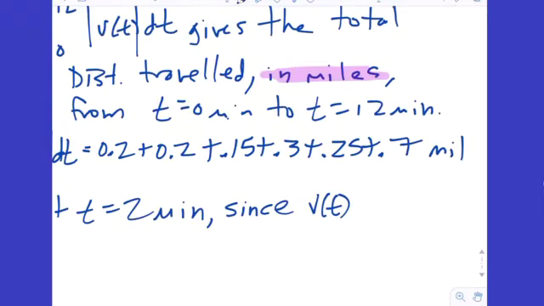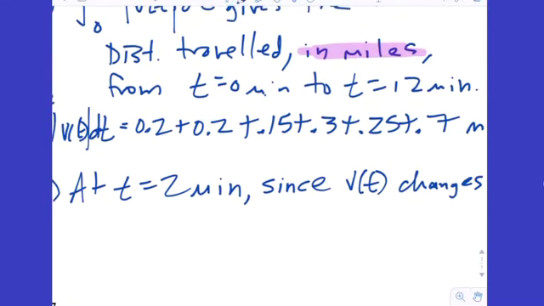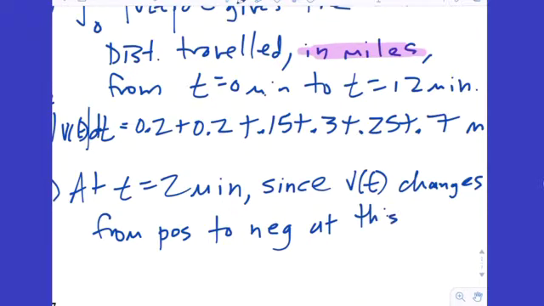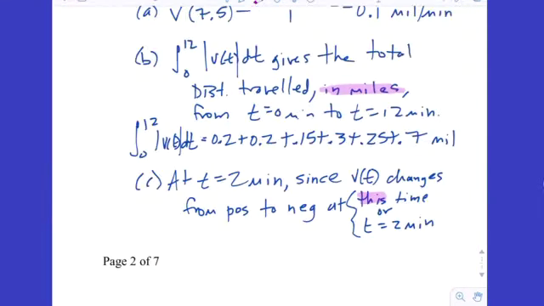Since the function v of t changes from what to what? Positive to negative, not at t equals 5, but what? At, you can either say at this time, you're referring back to it, or you could just say at t equals 2 minutes again. So that would be a very judicious use of a pronoun. The antecedent to this is clearly t equals 2 minutes.